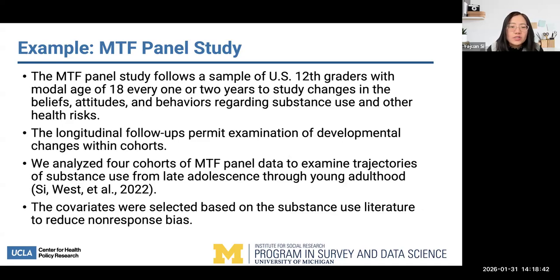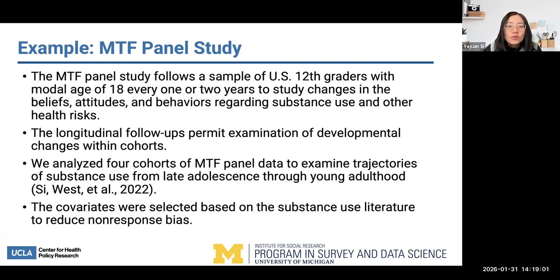We have conducted a study by analyzing 4 cohorts of MTF panel data to estimate trajectories of substance use from late adolescence through young adulthood.